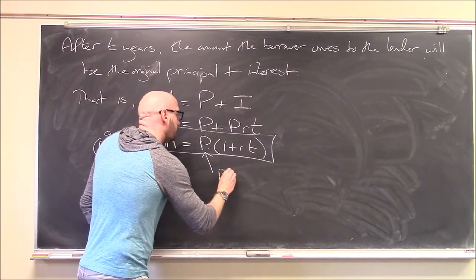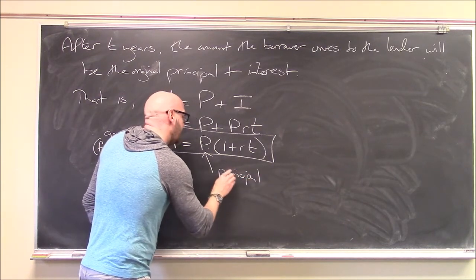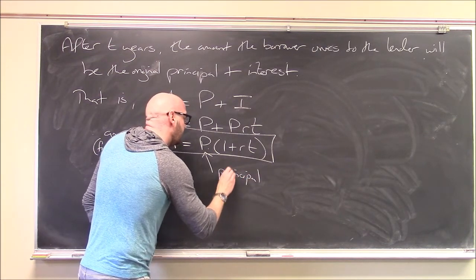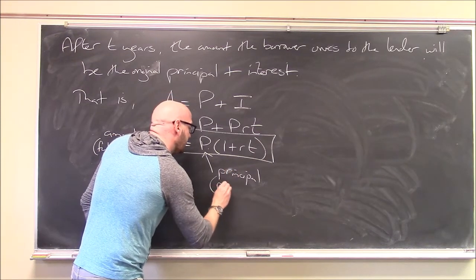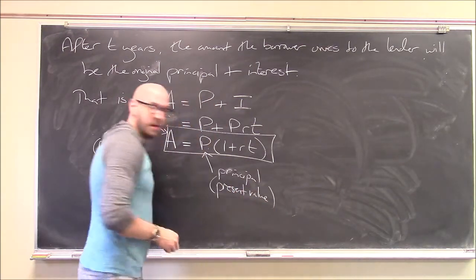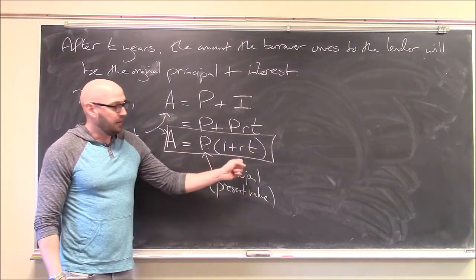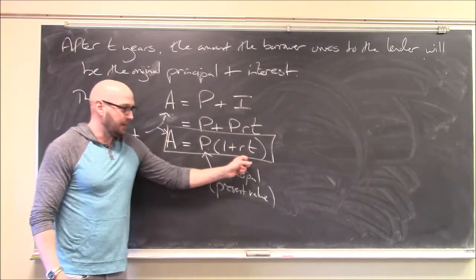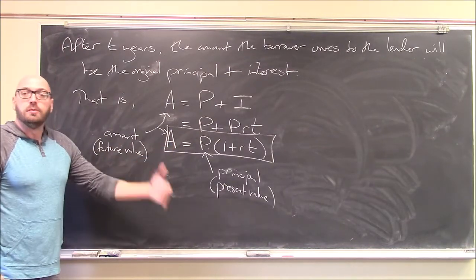This is of course still the principal, P for principal, but you could also think of this as being the present value. So this is a formula that relates the present value of your money, given the future time and the annual rate, and it outputs the future value of the principal.